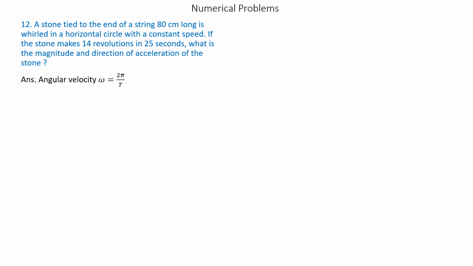Answer. We know that angular velocity omega is given by the relation omega is equal to 2 pi by t. That we can write as 2 pi into n by t, where n is the number of revolutions and t is the total time.